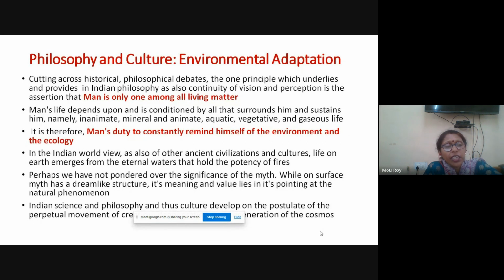In recent years, there has been a renewed focus on incorporating traditional Indian philosophical principles into environmental conservation efforts.